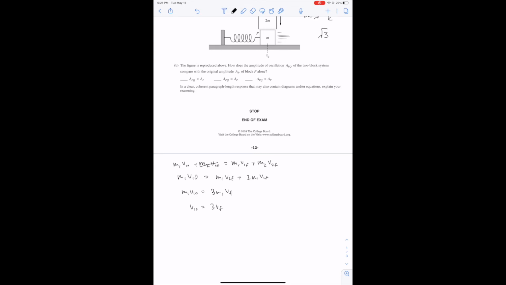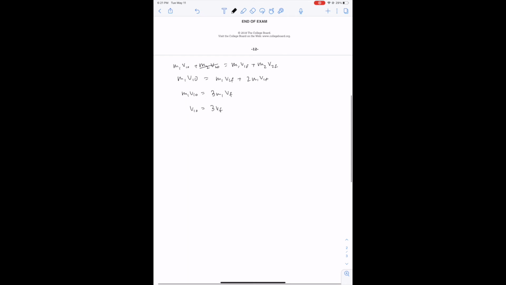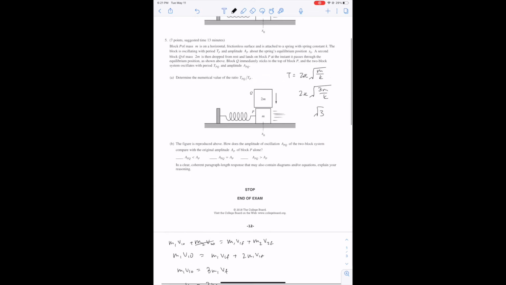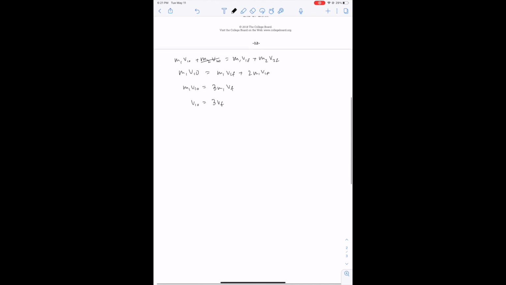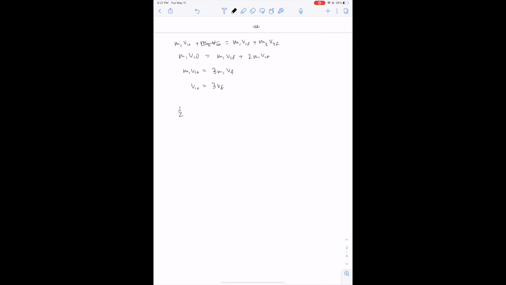And so the second part of this question requires us to do kinetic energy, where the kinetic energy at the maximum point, which is where the spring is at equilibrium, is going to be 1/2 mv squared.